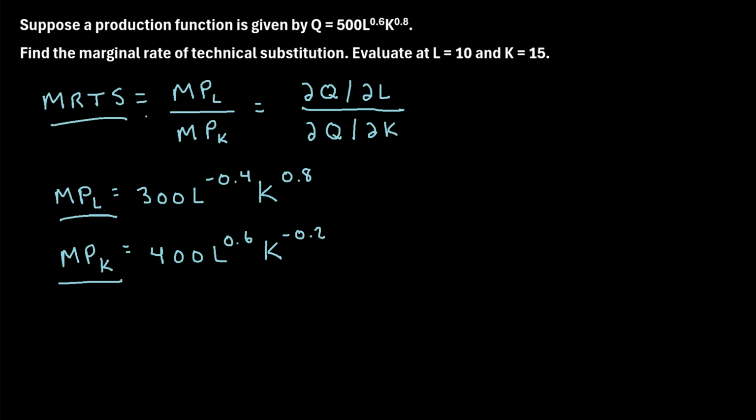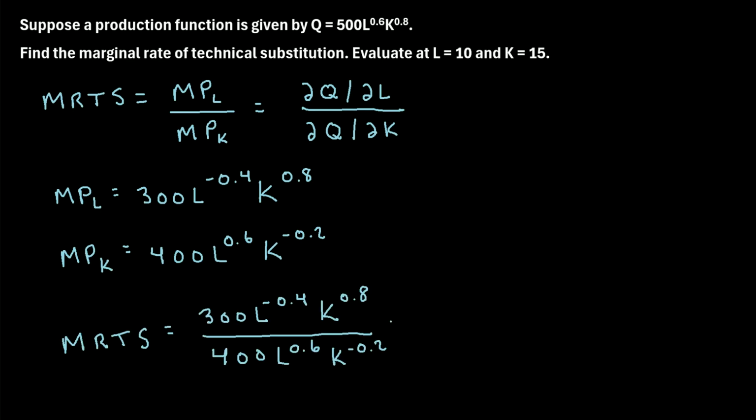To find the marginal rate of technical substitution, we're just going to take the ratio of these two values. So let's go ahead and write that. So here's what that looks like. Now we can simplify a little bit. 300 divided by 400, that's the same as 3 divided by 4. So we'll have 3 divided by 4. Now notice that we have a negative exponent on labor right here in the numerator. To make that positive, we can just move it down to the denominator.